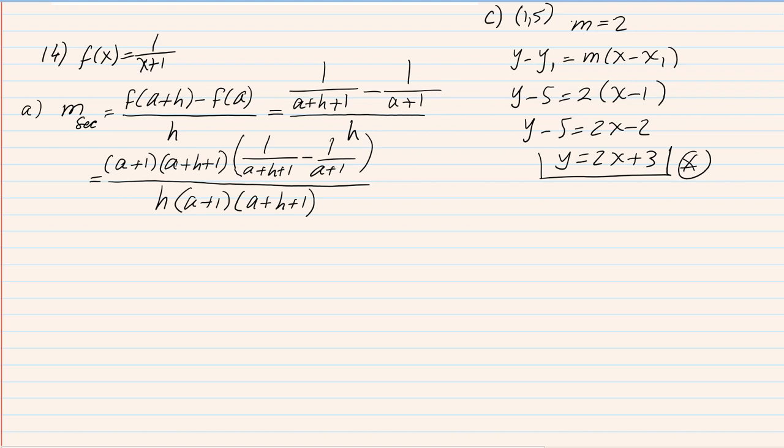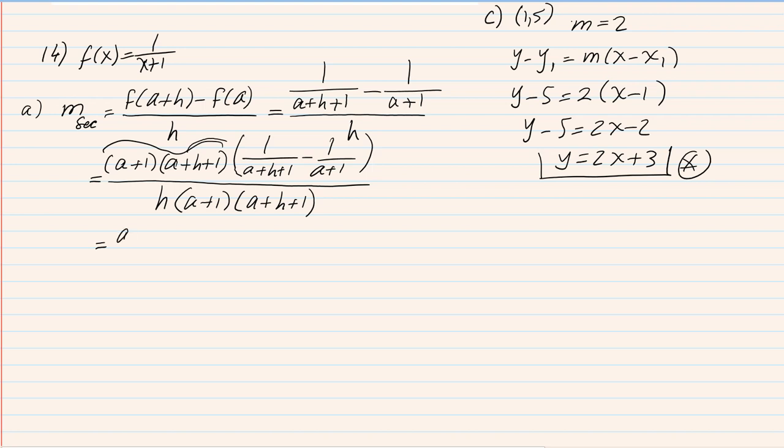Okay, now when I distribute the LCD, I'm looking at these two factors. When I multiply them by the first fraction, the a plus h plus 1 here and the a plus h plus 1 here will disappear.